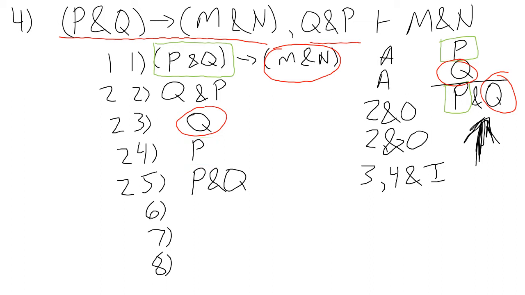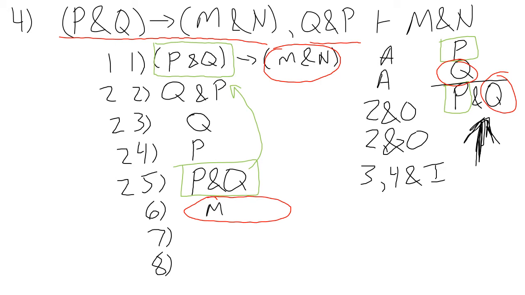So now that we're here, now we have our square that goes with our conditional statement up to here. And so now that we've got the square, we can write our circle, which is M and N. What are the two pieces that we need to do arrow out? Well, we need our conditional statement, which is here in line 1.